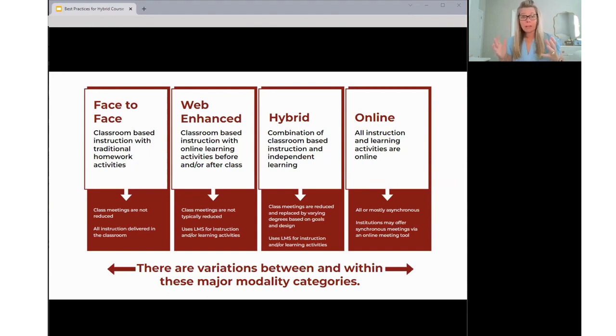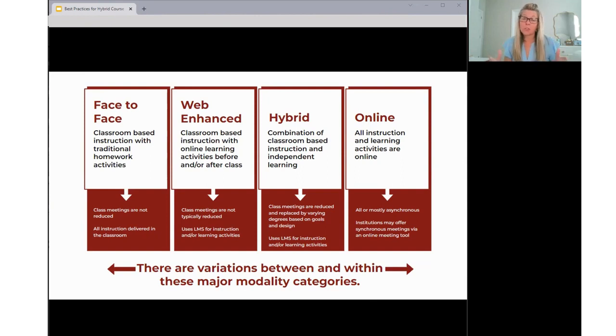So think about it this way: when one course is offered in various modalities, so it's the same course offered as a face-to-face section and an online section, the two sections will likely have the same learning outcomes, but the approach to the course design, the instruction, the content, the learning activities will likely be very different based on the modality in which it's being offered.